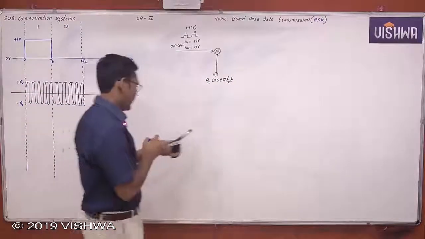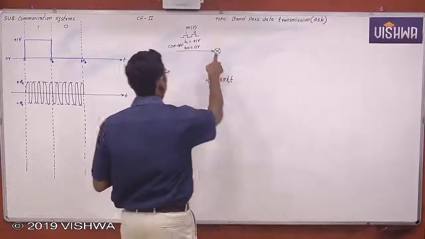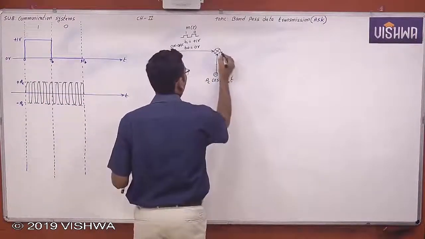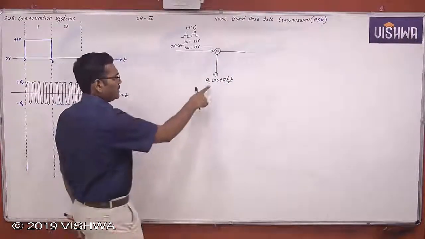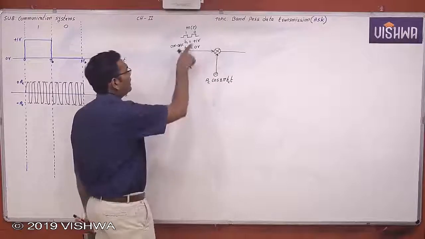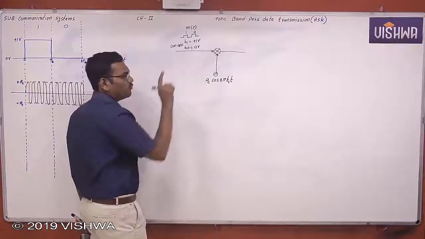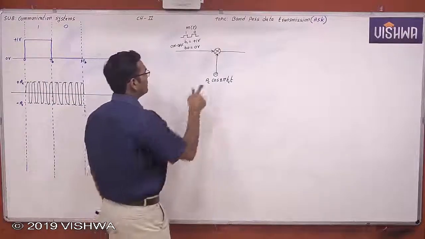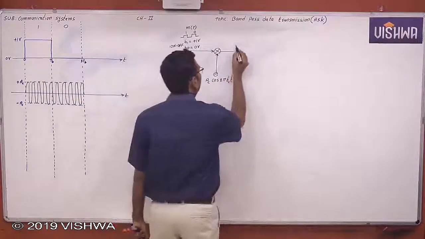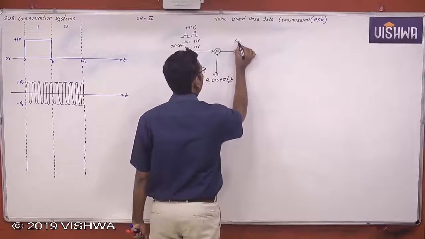Now see here, this is the multiplier. AC cos 2 pi FC t multiplied with plus 1 volt gives AC cos 2 pi FC t. This is the modulated signal. What is S1 of t?